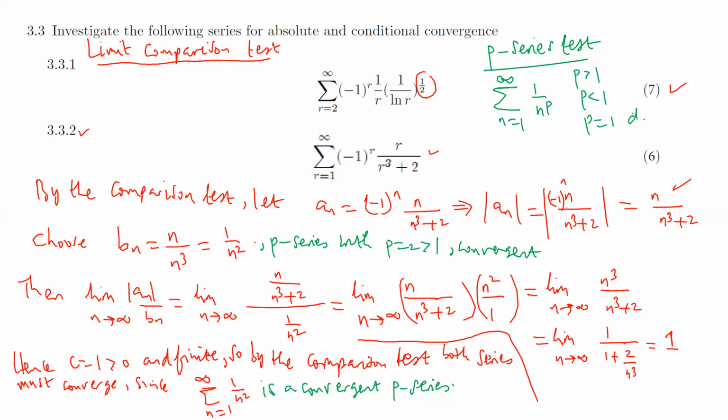P less than 1, p equals 1 means it diverges. Diverges, and this one converges. Okay. So this is what we have.